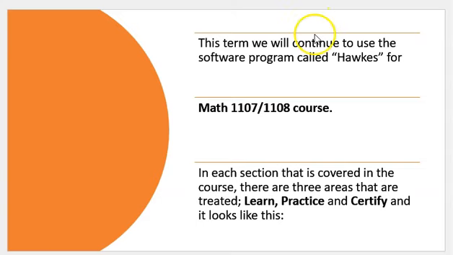Now, this term, as we have in the past, we're going to be using the software Hawks. In this software, there are three areas: a learn, a practice, and a certify.